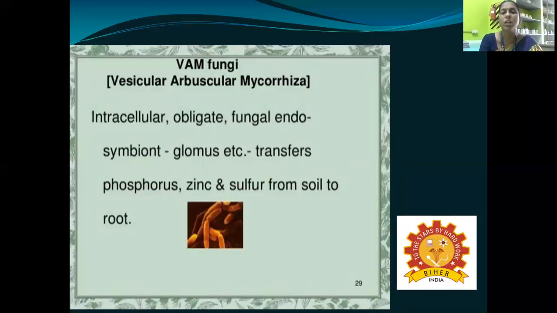VAM means vesicular arbuscular mycorrhizae. These mycorrhizae are intracellular, obligate fungal endosymbionts of the genus Glomus. They transfer the nutrients, phosphorus, zinc, and sulfur, from the soil to the roots.